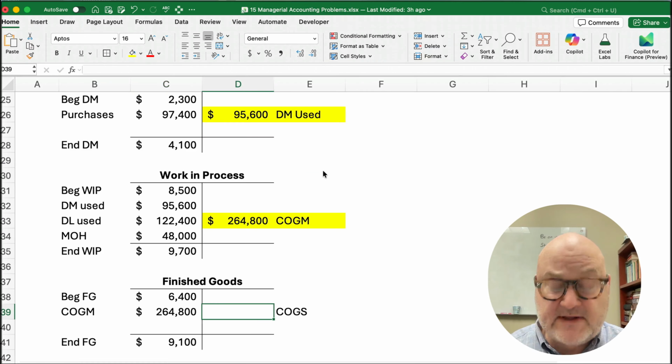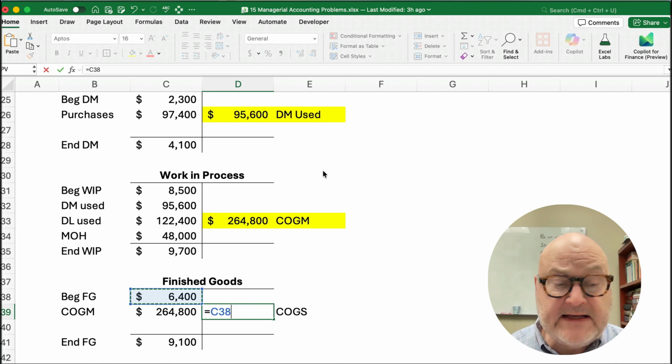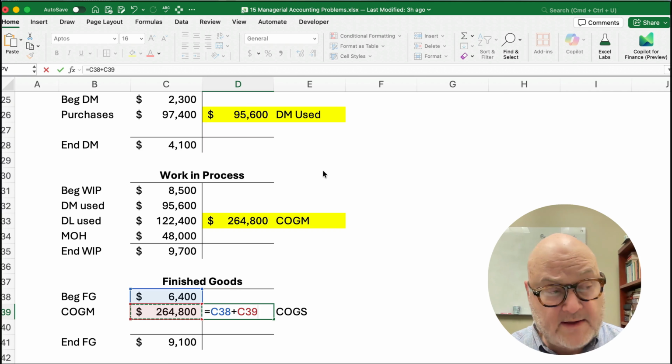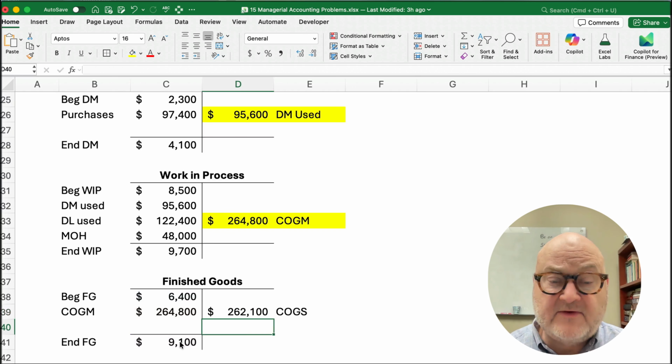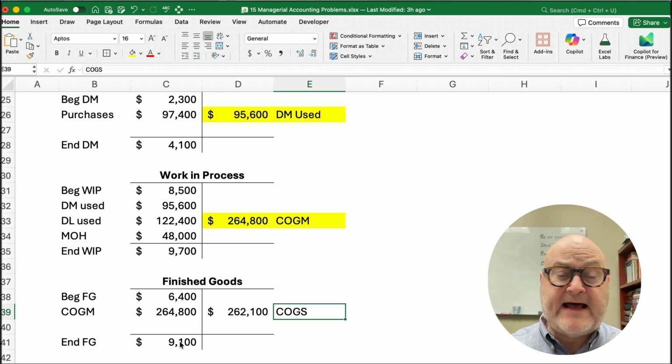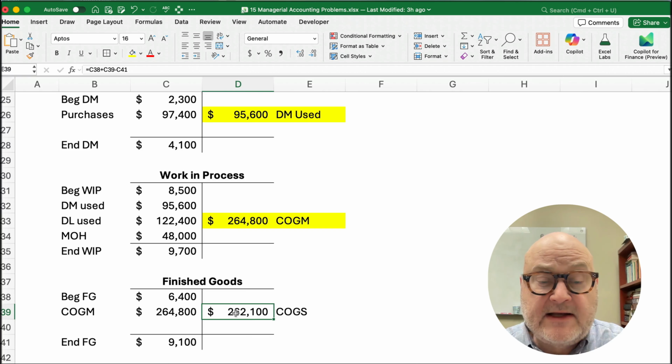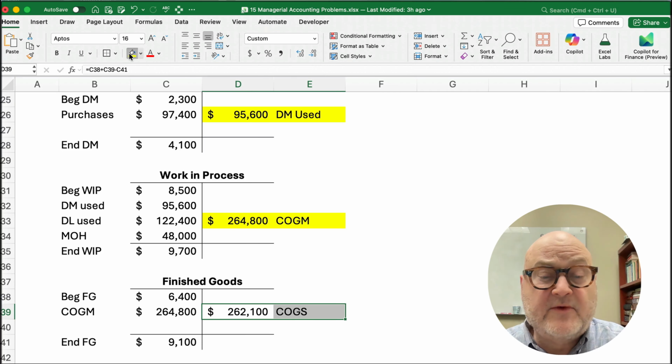So here's what we do on this. We calculate beginning plus what we built, what we completed, minus our ending, and this is what we sold. We sold items that cost us $262,100.